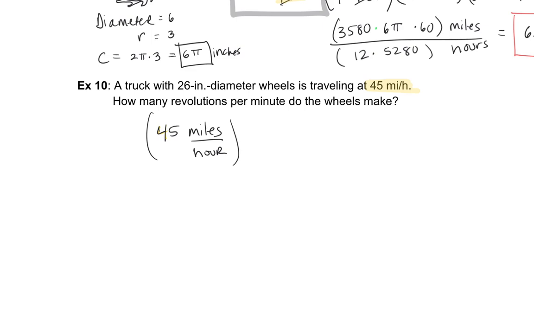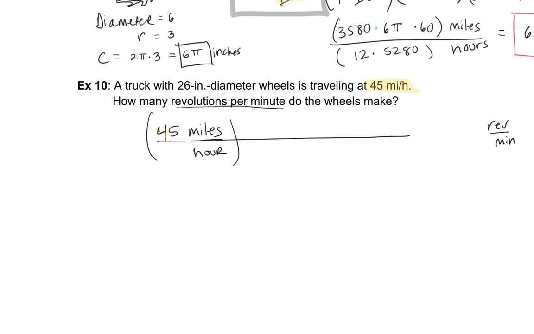Now the question is, how many revolutions per minute will the wheels make? All right, so what I'm doing basically is just converting miles per hour to revolutions per minute. Okay, so my units that I want eventually to get are going to be revolutions per minute.